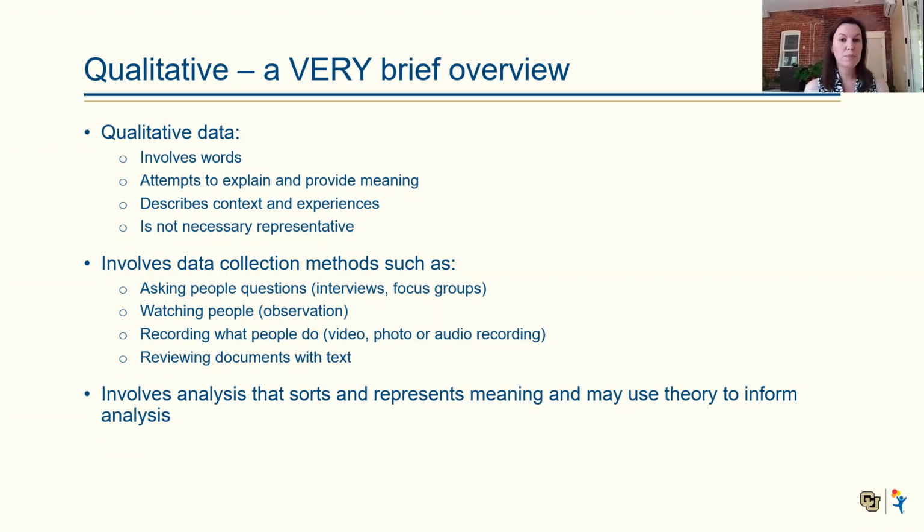Sometimes we're recording what people do. And then finally, if you have a document with lots and lots of text, you can do a qualitative analysis on that text, right? And for the analysis of qualitative data, we're looking to sort and create themes that represent the meaning behind, again, a particular phenomenon or the context. And we may use theory to help inform the analysis.